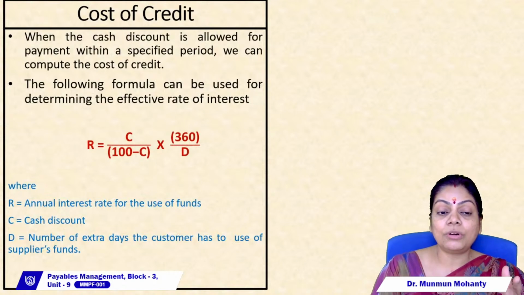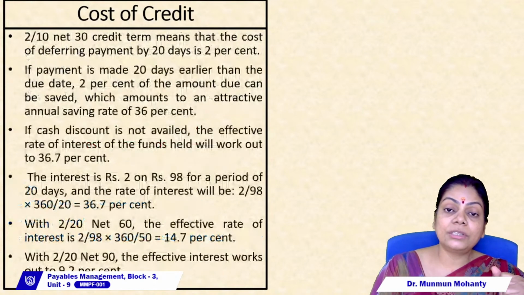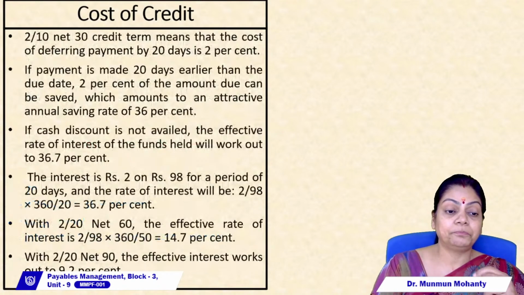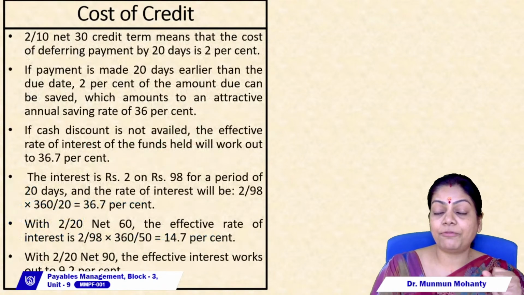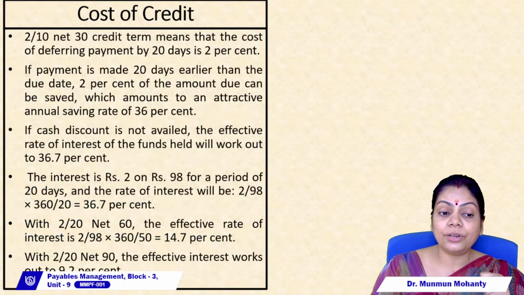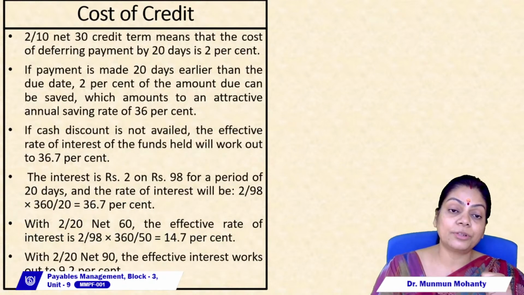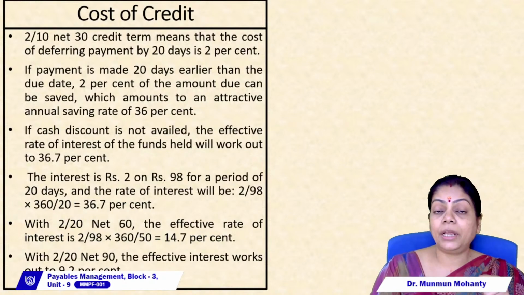If I work that out, it works out to 36.7%. So the effective interest rate for my purpose here is 36.7%. Quite a big interest rate per annum.